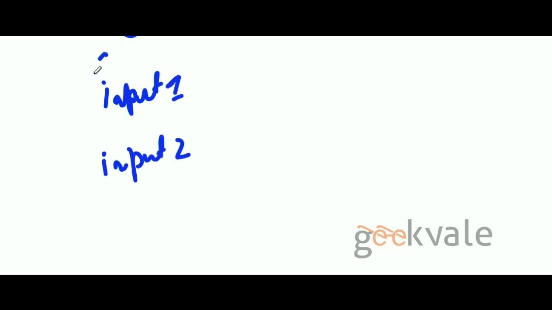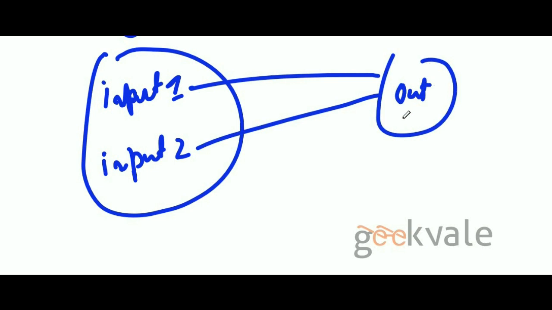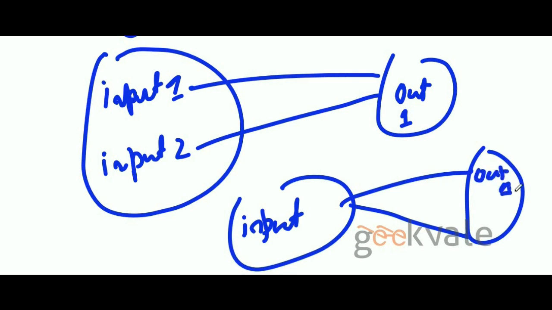That means two inputs, input 1 and input 2, can both be mapped to one output, let's say output 1 only, but one input cannot have two outputs. An input can never map to two different outputs, output 1 and output 2.